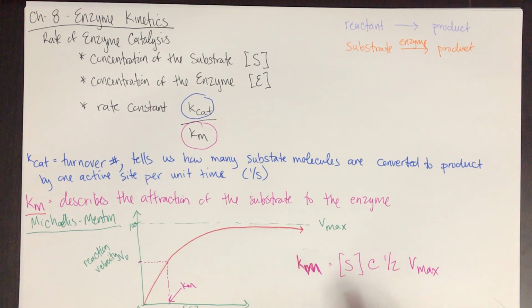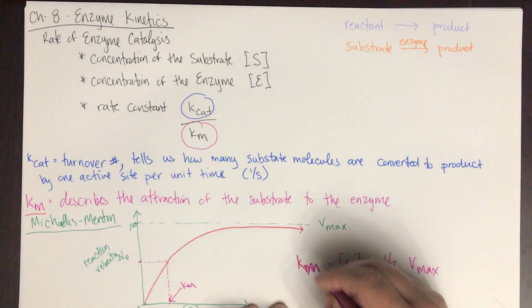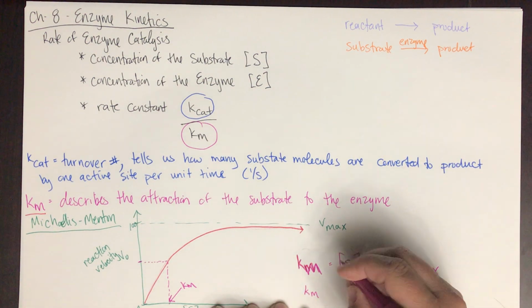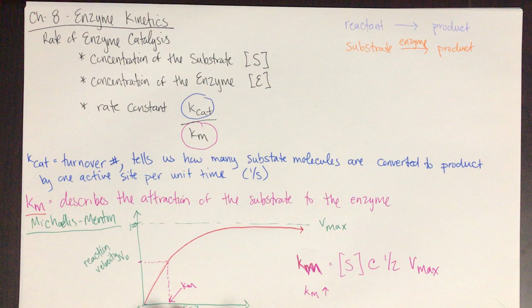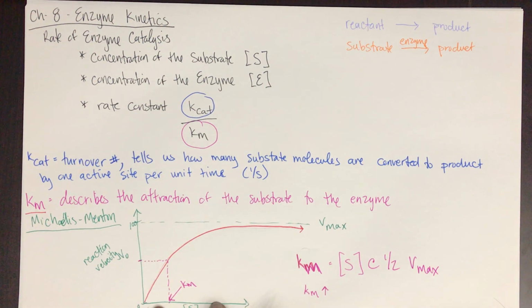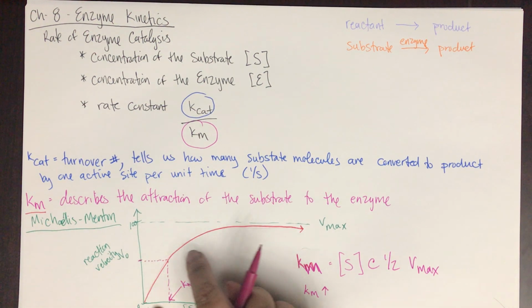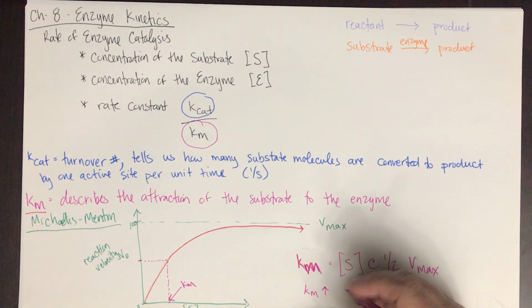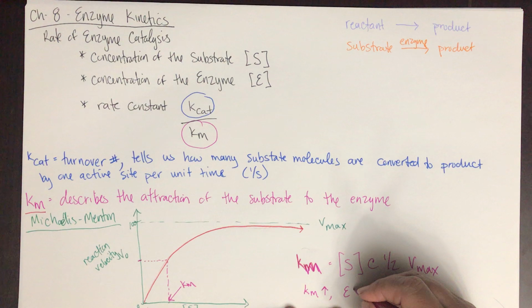So let's see what this means if this Km is a big number or if this Km is a small number. If the Km is high, meaning down here more, that means this attraction would be lower. If the Km is high, that means the enzyme has a lower affinity for substrate.